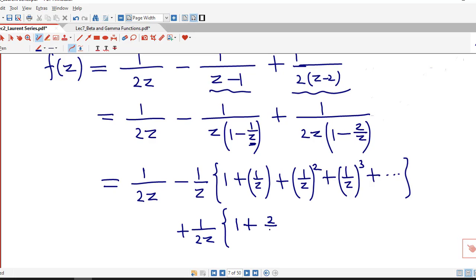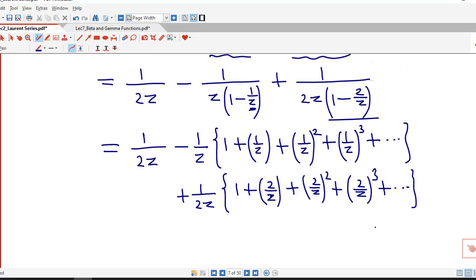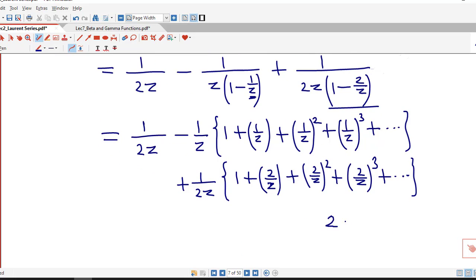So 1 plus 2 by z we are writing for this, plus (2 by z) square plus (2 by z) whole cube and so on. And this is valid in the domain or region 2 less than mod z less than infinity.